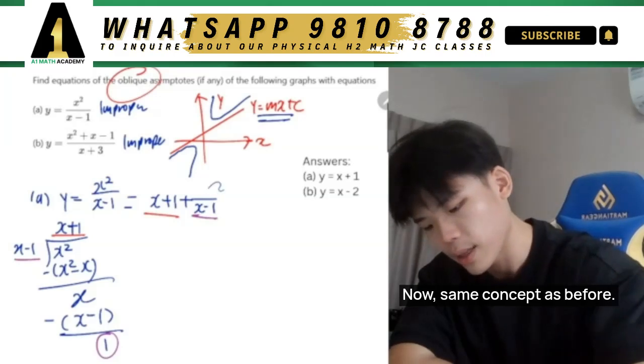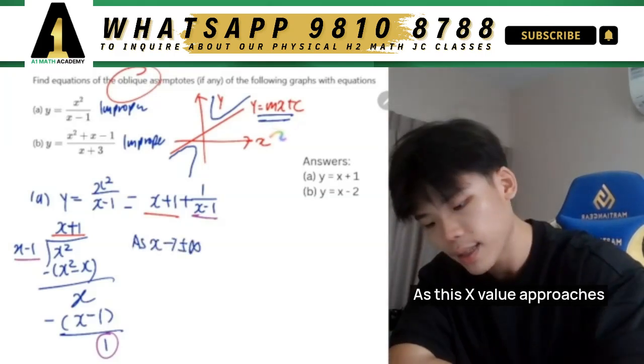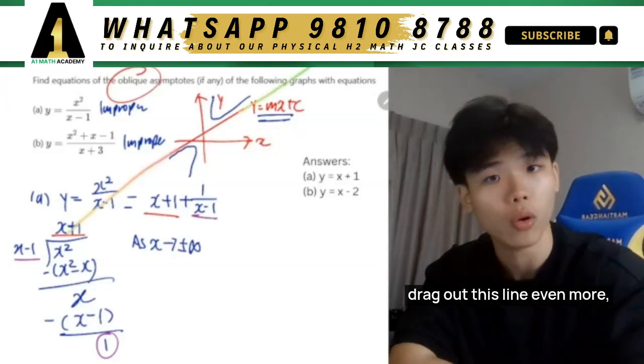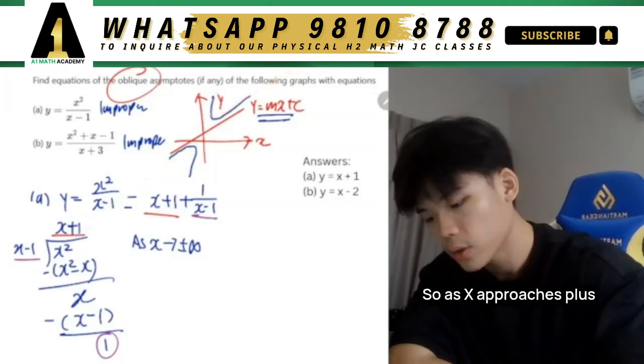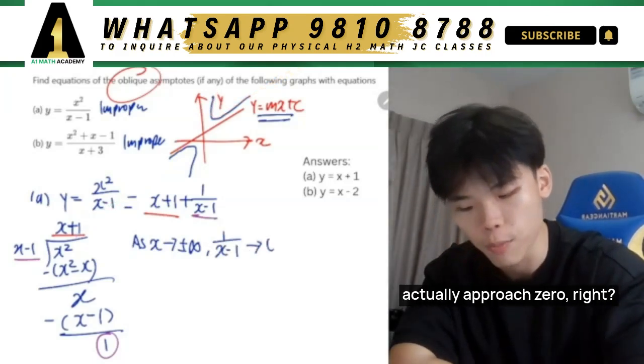Now, same concept as before. As x approaches plus or minus infinity, as we drag out this line even more, you see that this curve will never touch the line, because it's basically the asymptote. So as x approaches plus or minus infinity, we know that 1 over x minus 1 will approach 0, right?